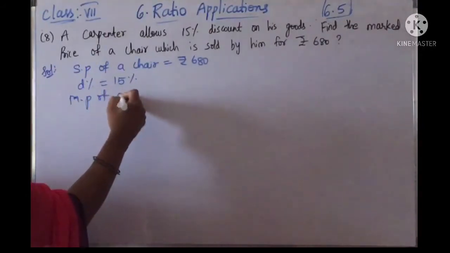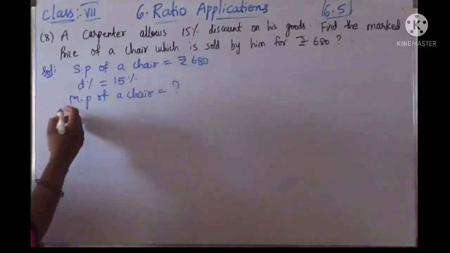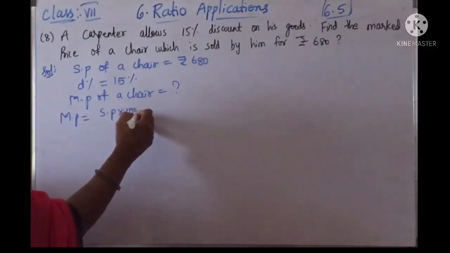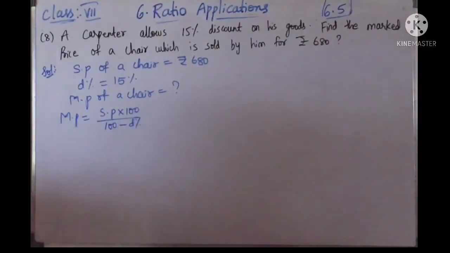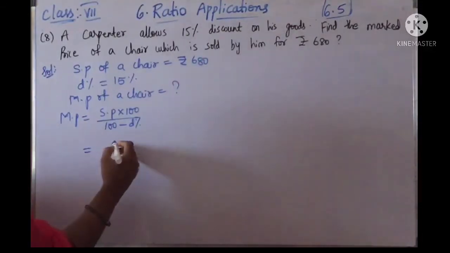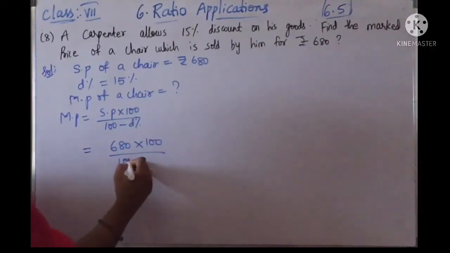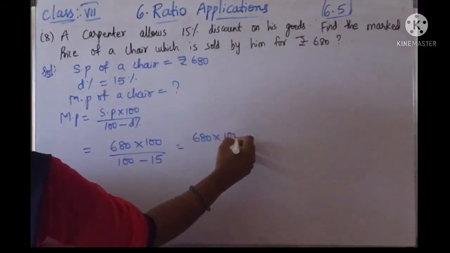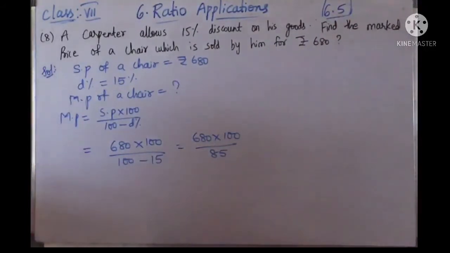MP of a chair. So what is the formula? MP is nothing but SP into 100 by 100 minus discount percentage. What is SP? 680 into 100 by 100 minus 15. That is 680 by 100, 100 minus 15 is nothing but 85.